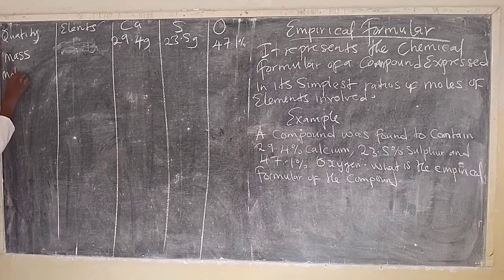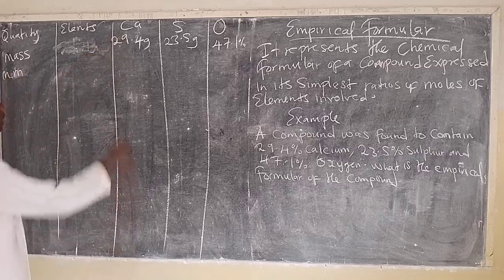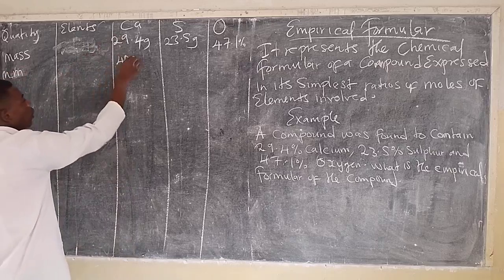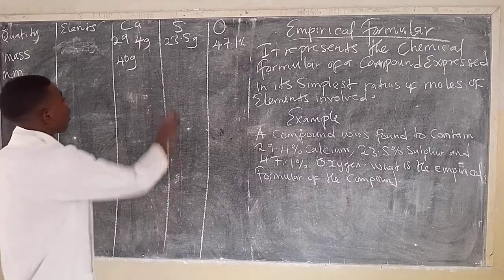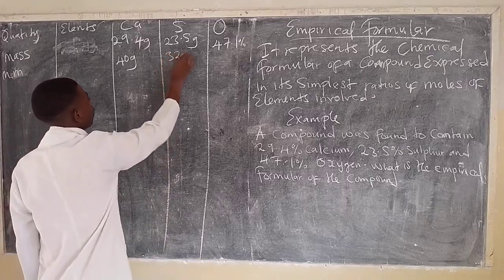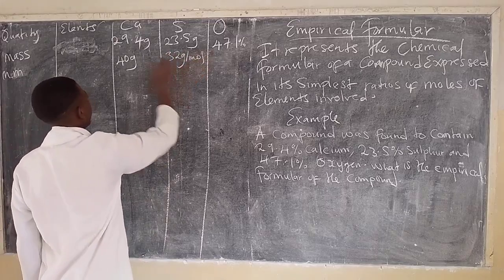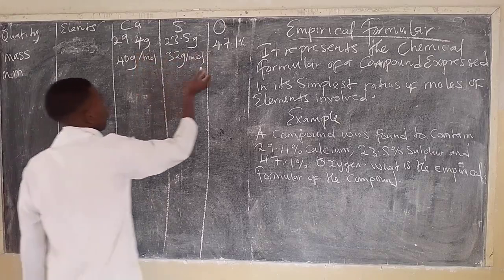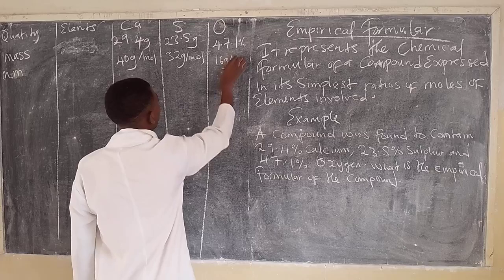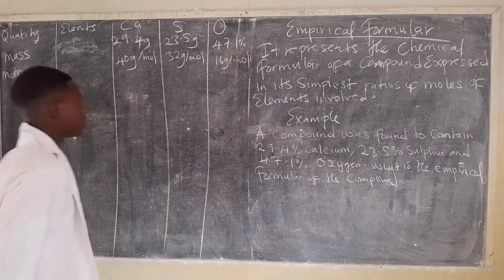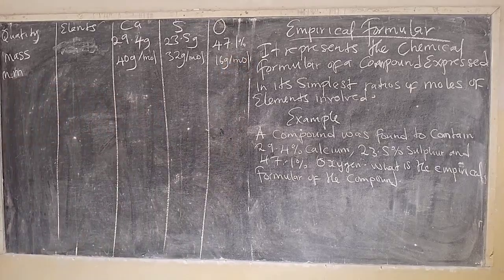So if these are present, we need now to look at what we call the molecular mass, which is the MM. The molecular mass, when you look at your periodic table, for calcium is 40 grams per mole. For sulfur, it is 32 grams per mole. Oxygen is 16 grams per mole. So with this, now we are going to find the number of moles for each of the substances.